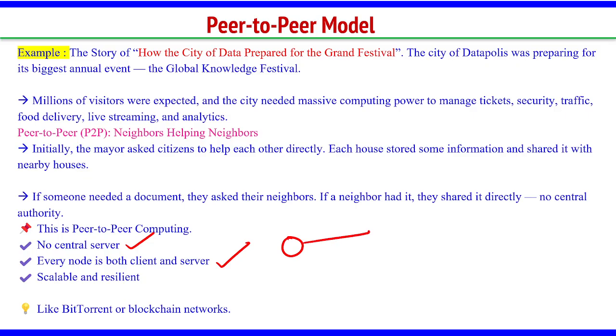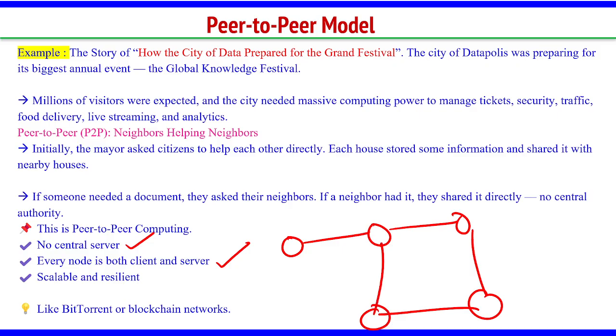Peer-to-peer means like this. They are connected like this. They are connected like this. Or let's say I have another one here, and this is connected like this. So, no one is a single client or a server.